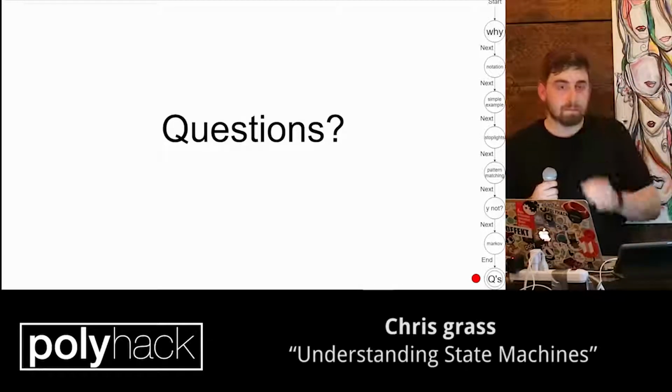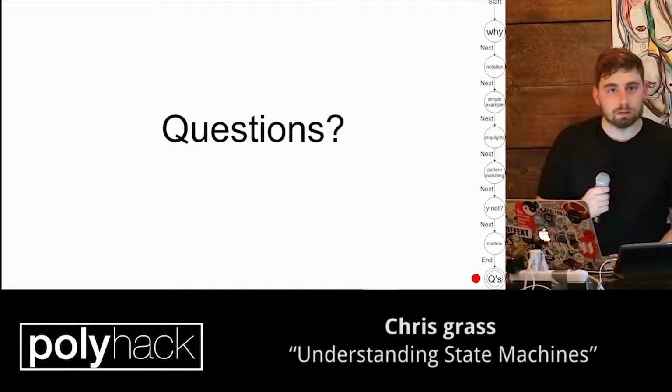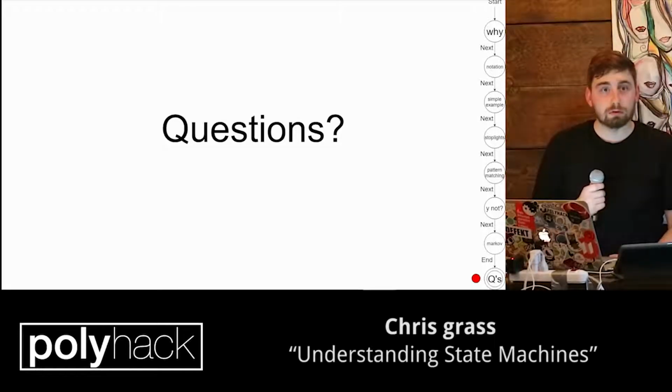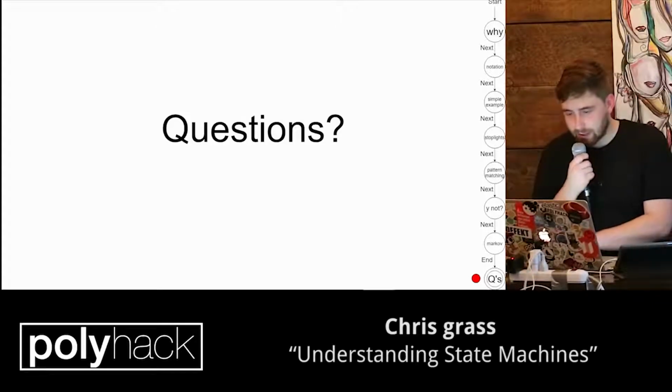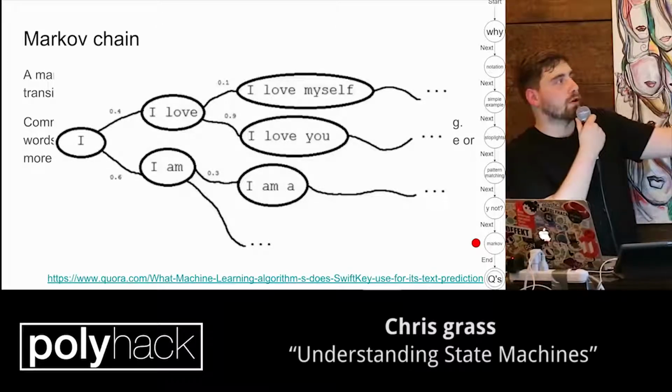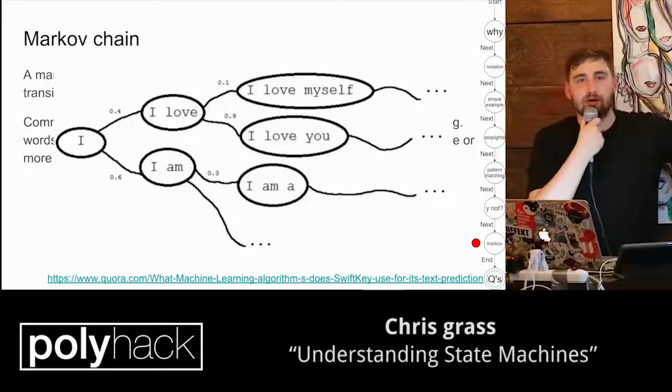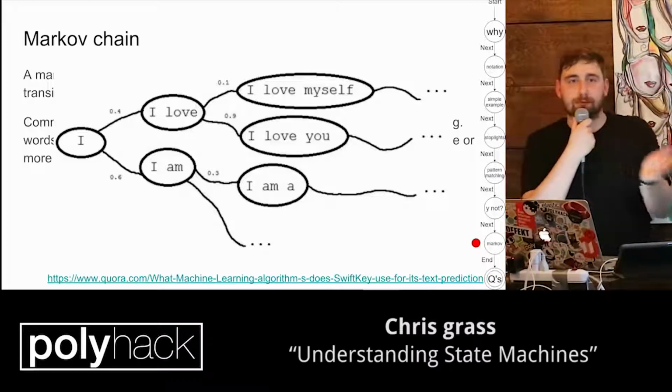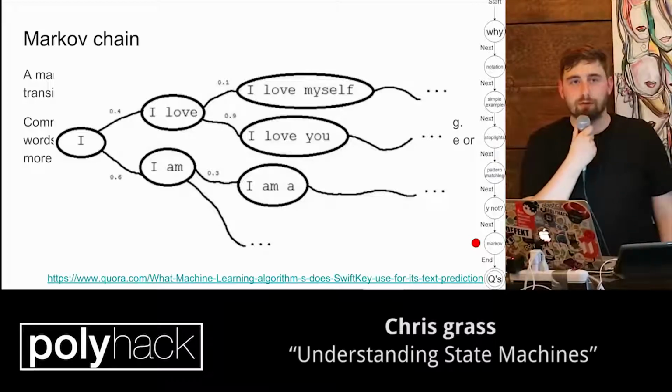I'm seeing, again, it was triggered by the Markov chain, so that would be how most text prediction works, I'm presuming. Yeah, exactly. Even this diagram I pulled from a Quora article where it was talking about SwiftKey, which is one of the first text prediction things they used on the phone.